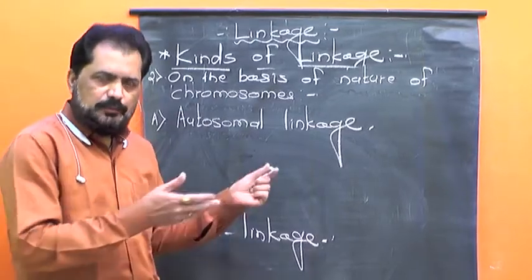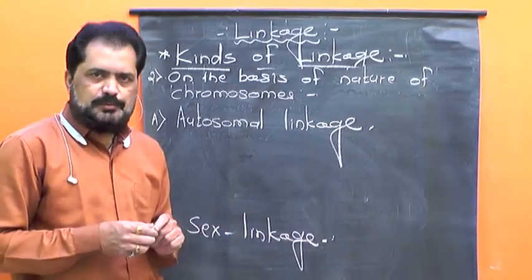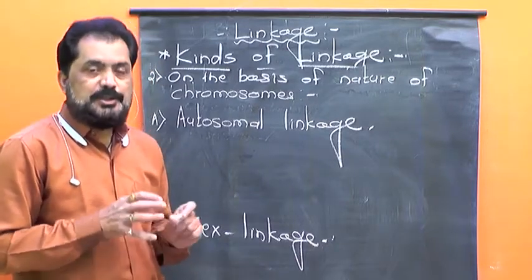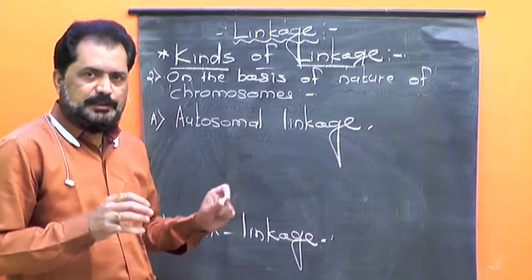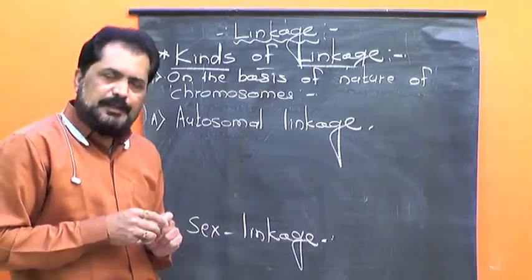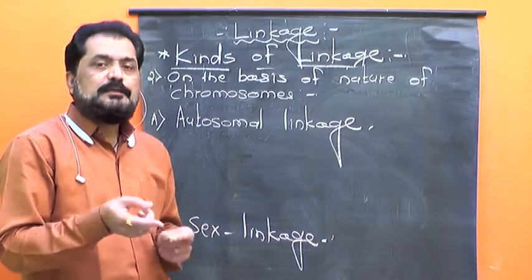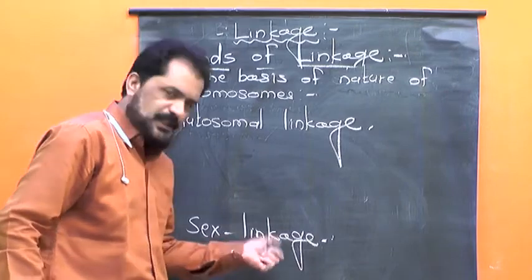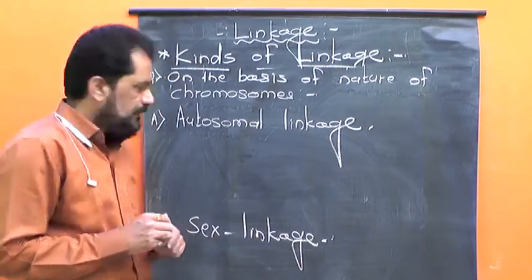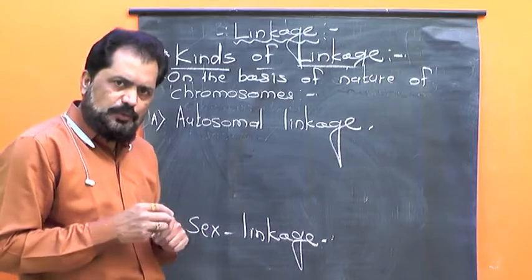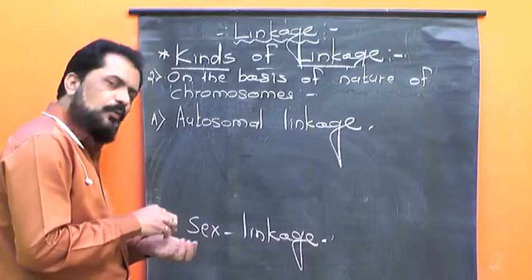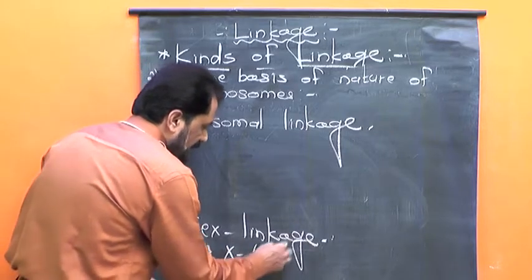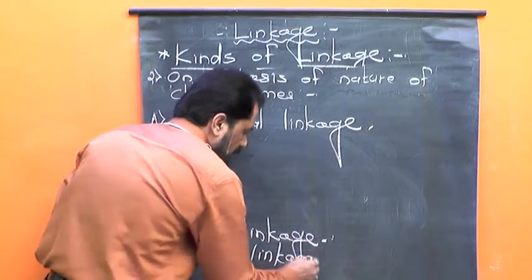Autosomes म्हणजे काय? थोड्या वेळापूर्वी आपण शिकलो. Autosomes means the chromosomes which are responsible to control the general or somatic body characters are called autosomes. And the linkage shown by the genes present on sex chromosomes is known as the sex linkage. But we know that the sex chromosomes are of two types, isn't it? X and Y. Therefore, the sex linkage may be classified as X linkage and Y linkage.